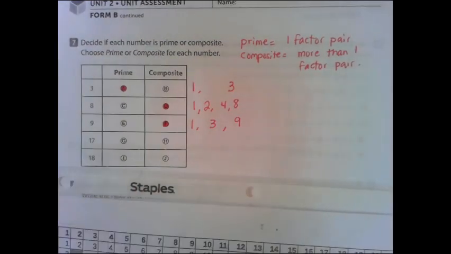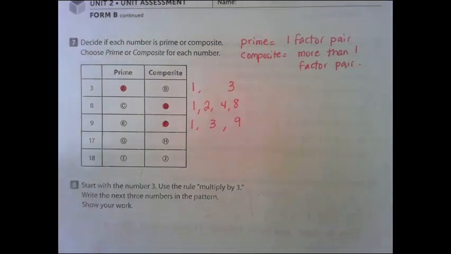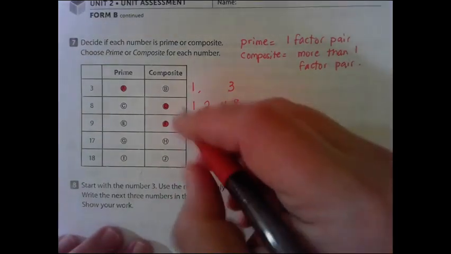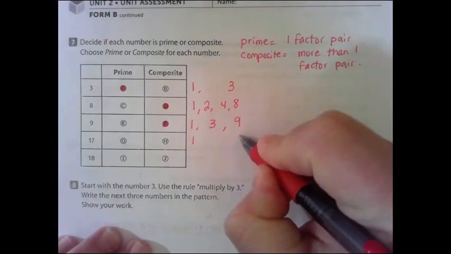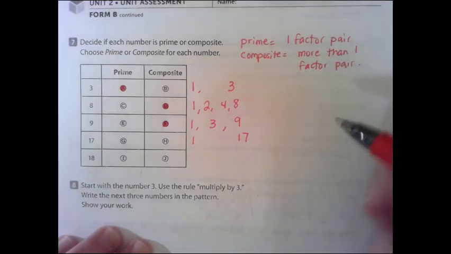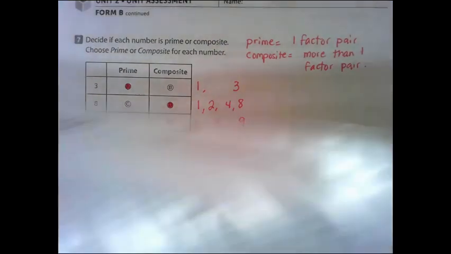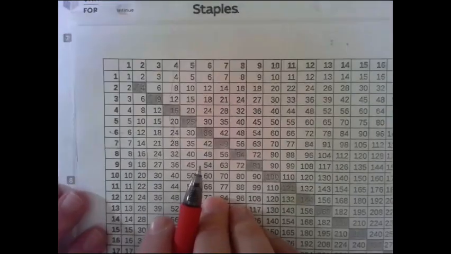All right, 17. Well, again, we start with our automatic factor pair, 1 and 17. And I'm going to go through all these numbers and see if we see 17.